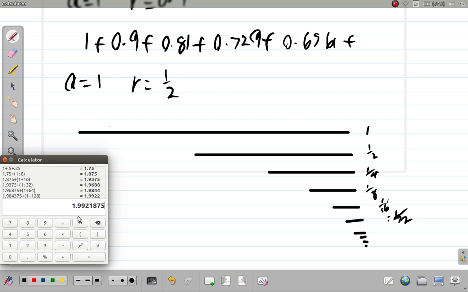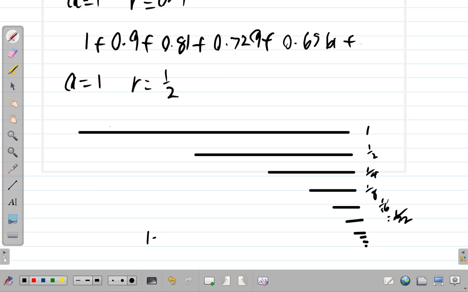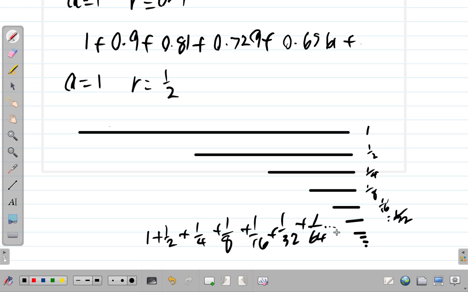Actually, you will reach a point where you realize you're approaching 2, getting closer and closer to 2, but not reaching it. So if you should keep doing this forever and ever and ever, you get very close to 2. So what happens is that if you keep adding 1 plus half plus a quarter plus 1/8 plus 1/16 plus 1/32 plus 1/64, and like that, the answer will approach 2.